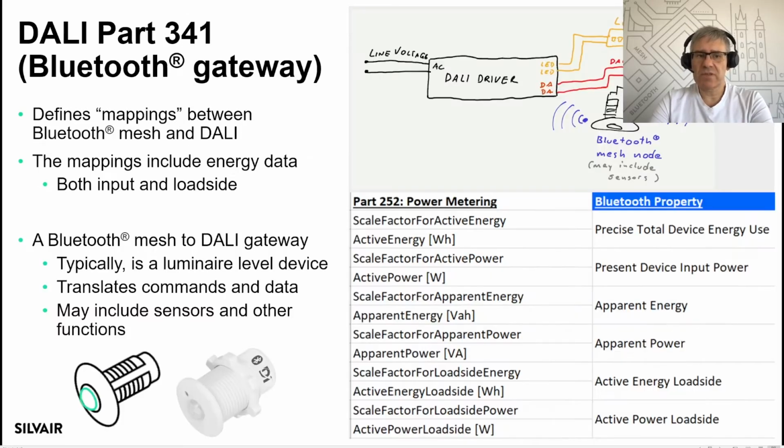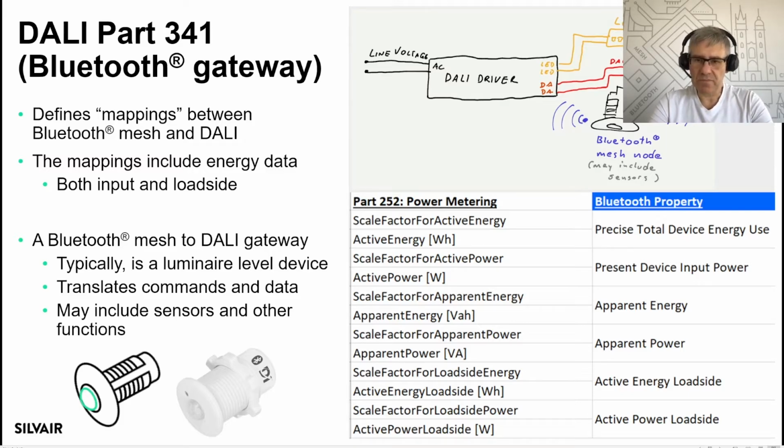Now, this part 341 defines the interaction between the DALI bus, what happens on the DALI bus, and the wireless Bluetooth mesh network.